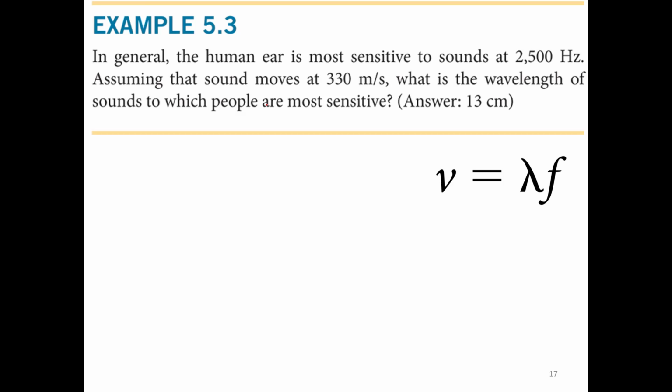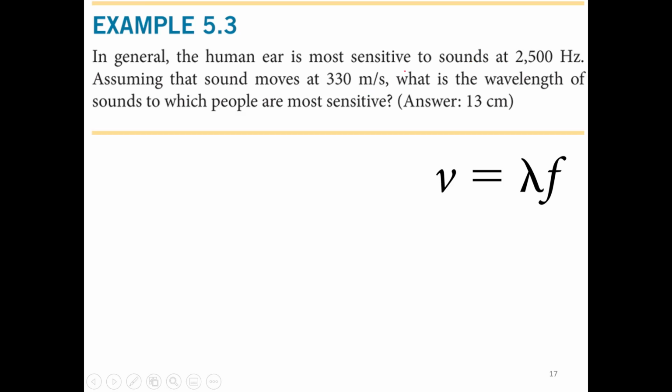And let's solve one more problem. We know that humans can hear in the range of frequency between 20 hertz and 20 kilohertz. But the human ear is most sensitive to sound at 2500 hertz.